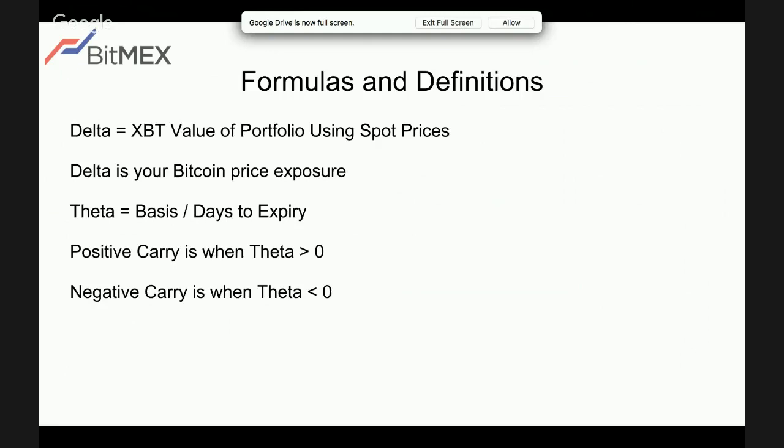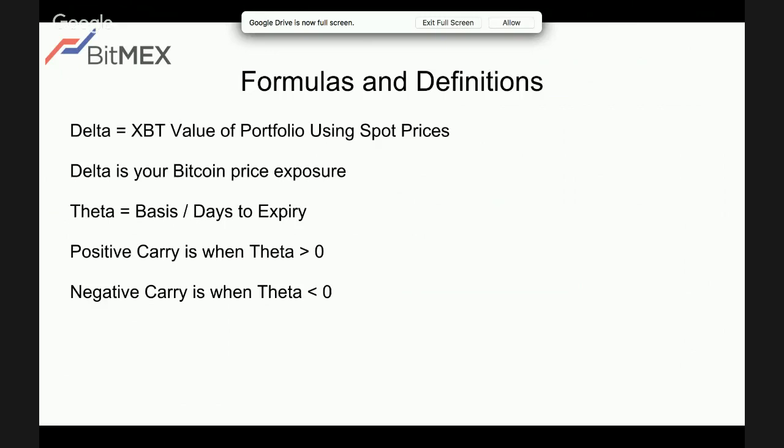Now, the strategies that I'll be discussing today are what we call delta neutral, which means that there will not be an outright exposure to the Bitcoin price. Theta, or time value, is basically our basis. Remember, that's the difference between the futures price and the spot price divided by the number of days to expiry.